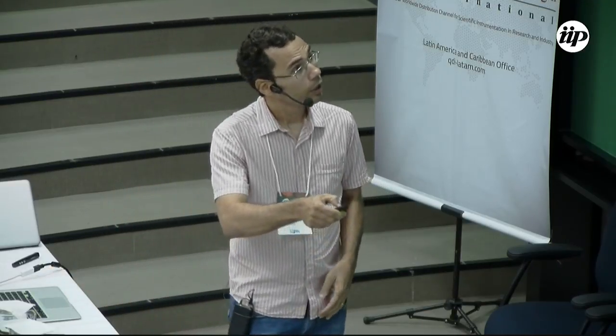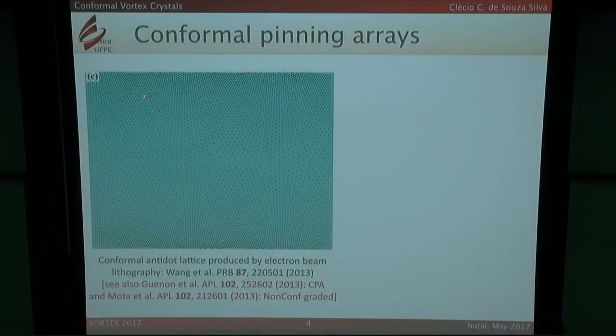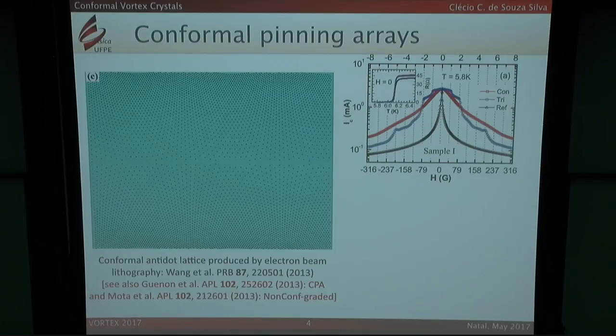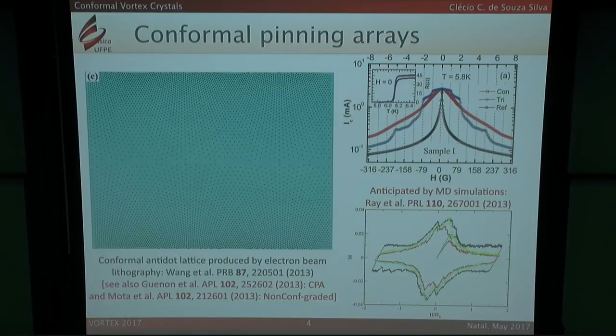This one in particular is very interesting because the distribution is locally hexagonal. And they have been demonstrating that indeed you have very efficient pinning when you subject vortices to such distributions.